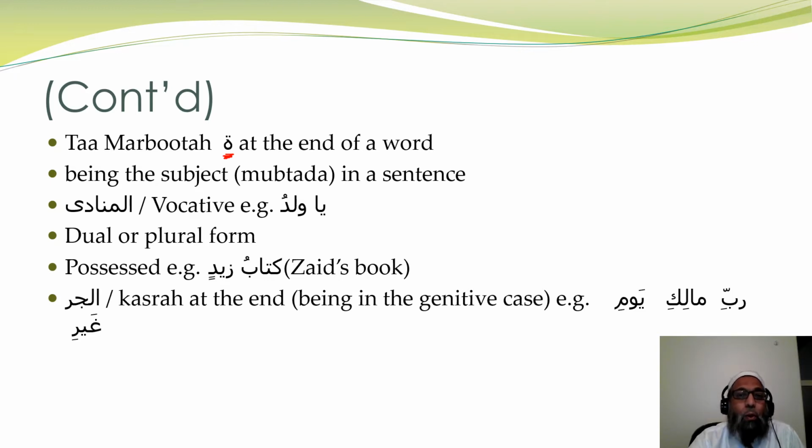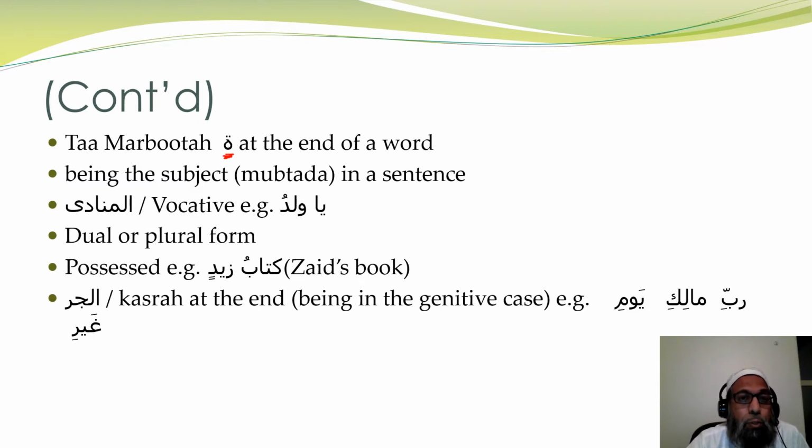Ya means oh. So it's like oh Canada, right? You're calling Canada, right? In Arabic, that would be translated as Ya Canada. So Canada would be the vocative or the munada. So if something is a munada, then that has to be a noun. It cannot be a verb.